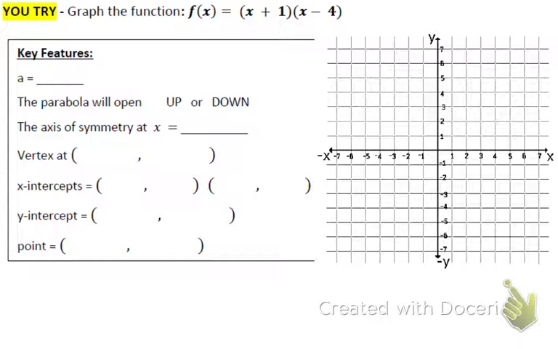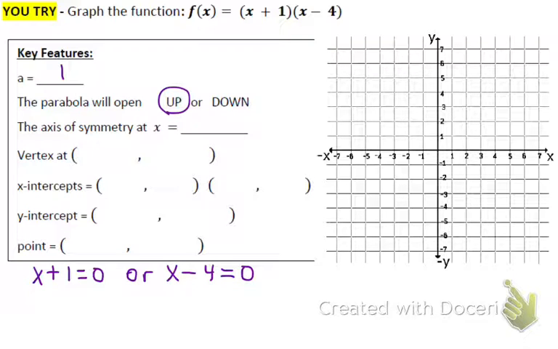All right, a is positive, or there's no number in front, so it's a 1. So a is positive, it opens up. The axis of symmetry is the average of the p and the q. So the p here is -1. You can write it down, x plus 1 equals 0 and solve, or x minus 4 equals 0 and solve.